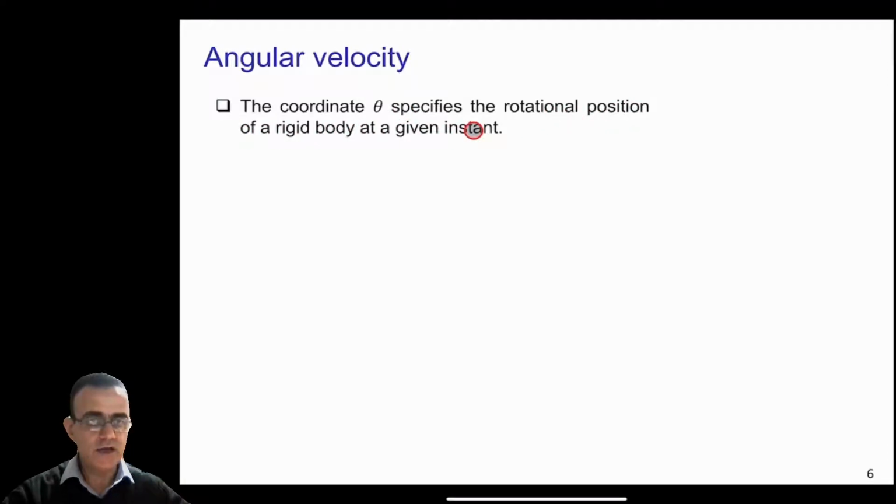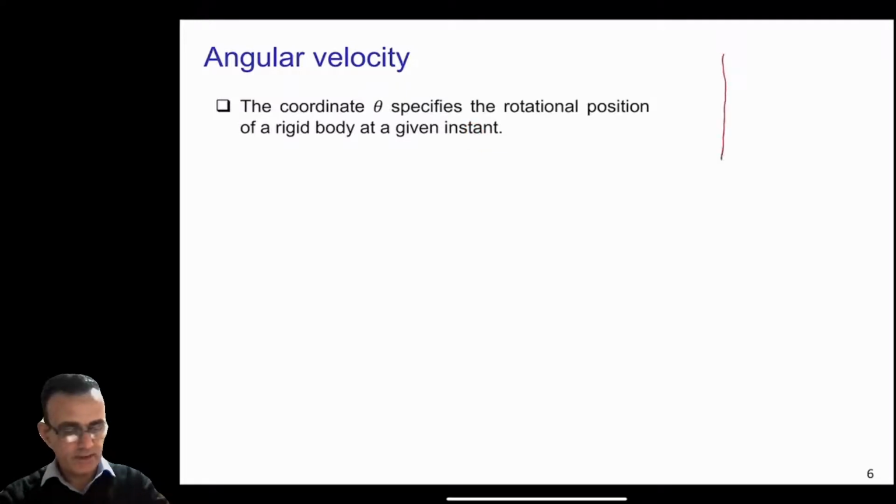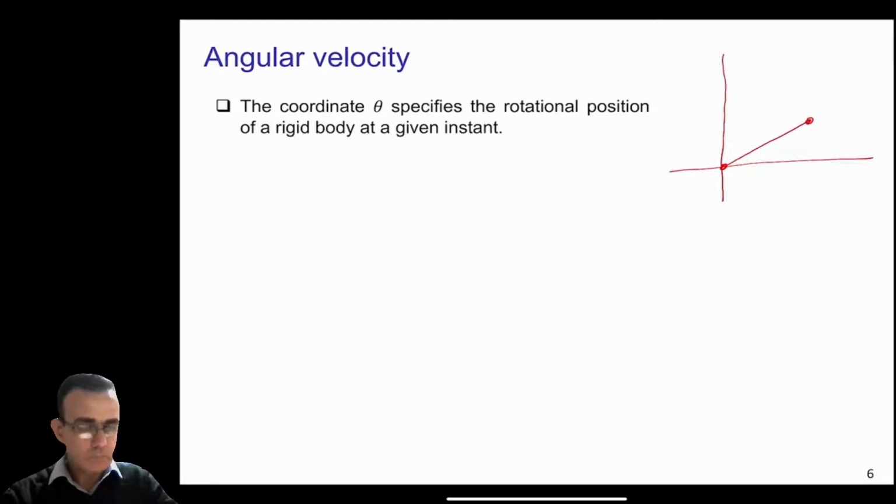For example, consider the same figure again, and assume the body was initially here, and the angle was theta 1 at time t1. Then at another time t2, the same body moved to this other position, and this angle is now theta 2.